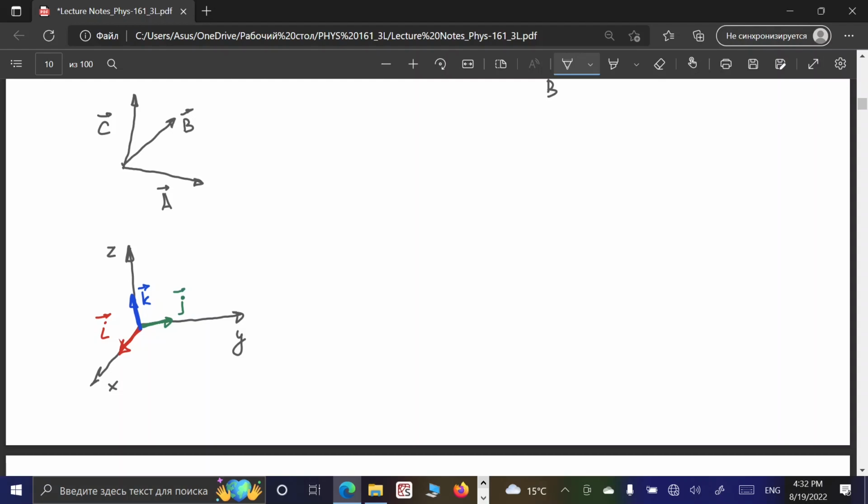So now let us make such a table. 1, 2, 3, and here will be, yes.